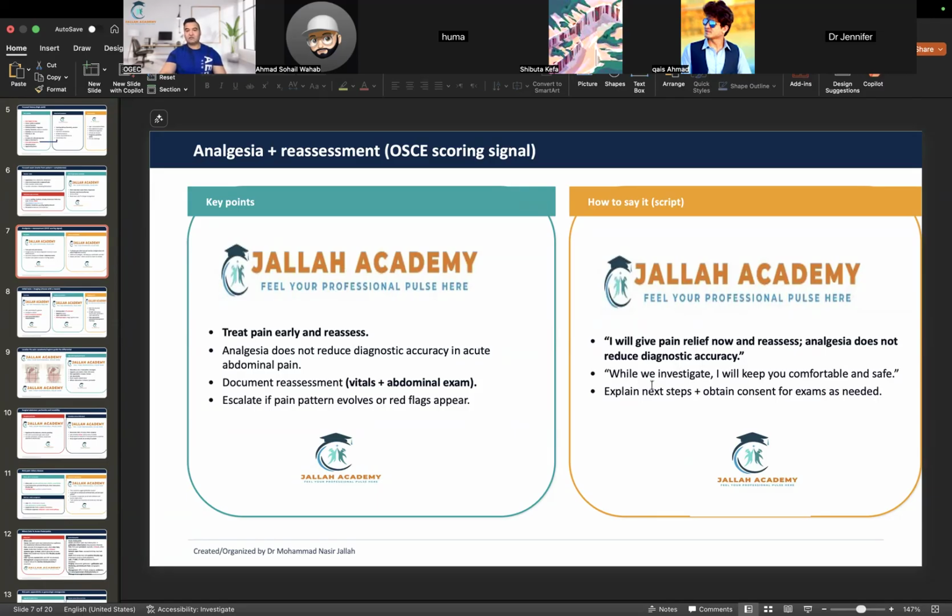This is very important. Remember, sometimes you might get an abdominal patient case, and as soon as you get into the station, the patient is in excruciating pain, or in the middle of the history taking, suddenly he says, you know what, it is getting worse right now, I can't even talk.